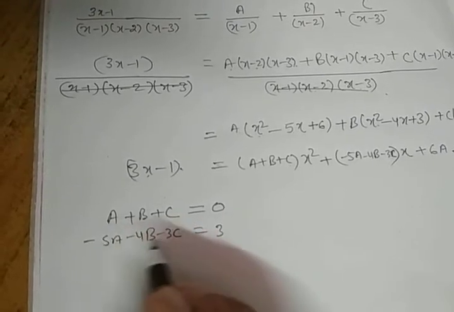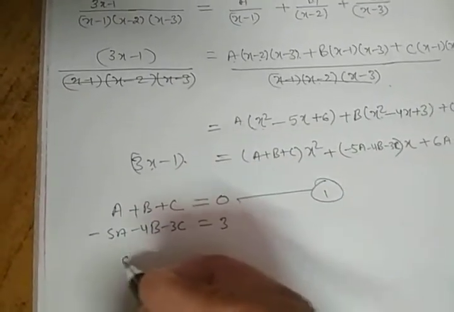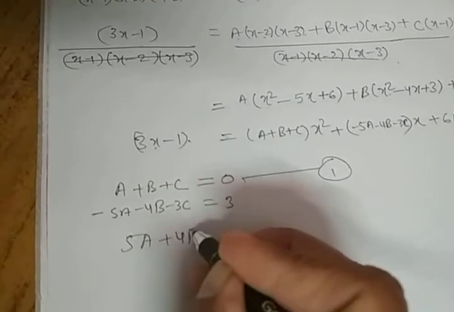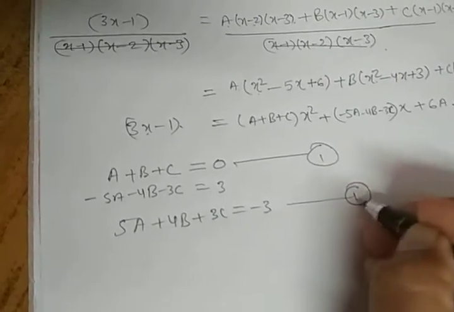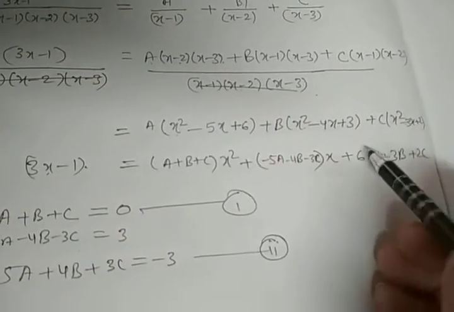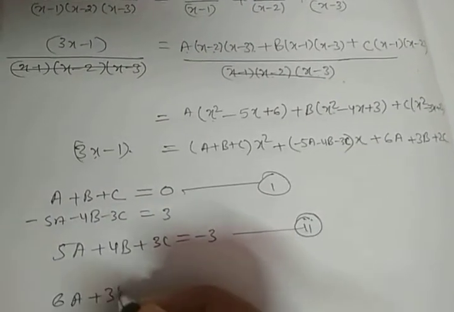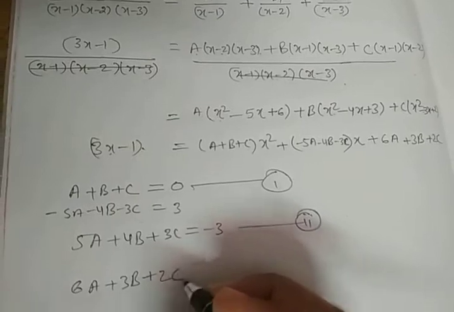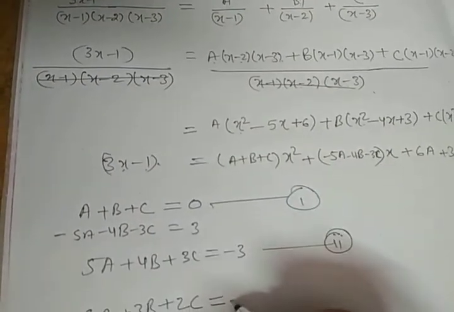All the terms are negative, so we multiply both sides by minus sign, so this will be 5A plus 4B plus 3C equal to minus 3. This second equation is formed. Now the constant part: this side is 6A plus 3B plus 2C, equal to the constant part on the left side, which is minus 1.